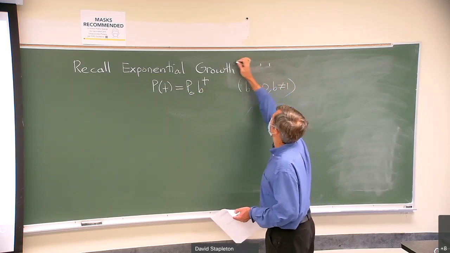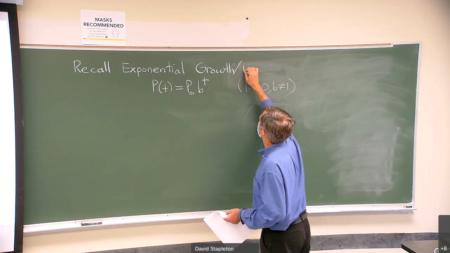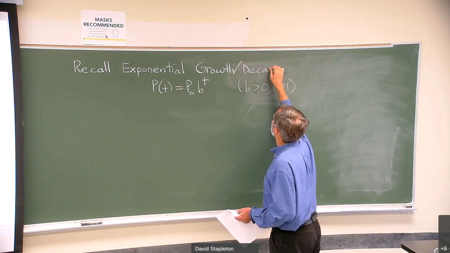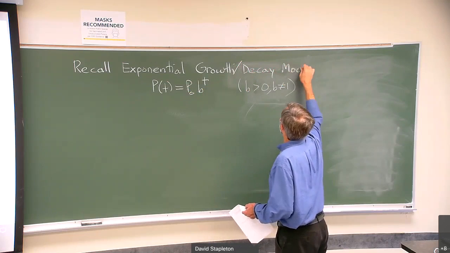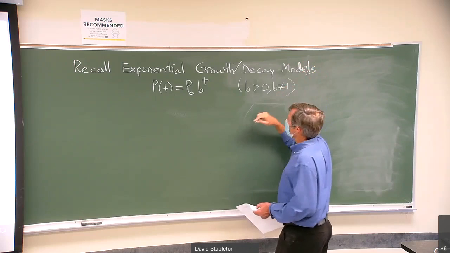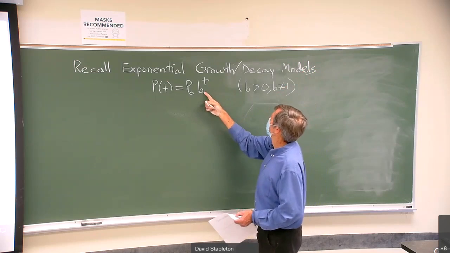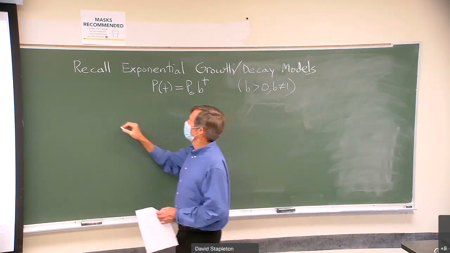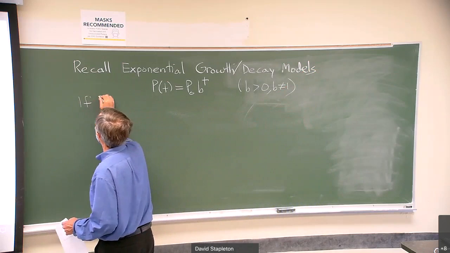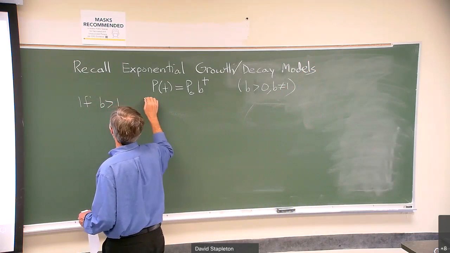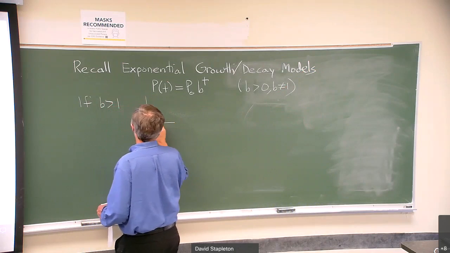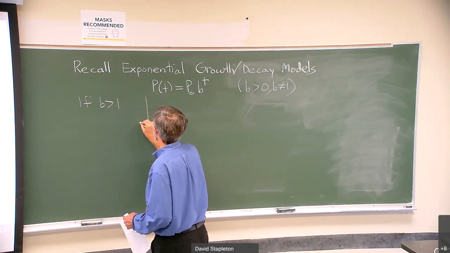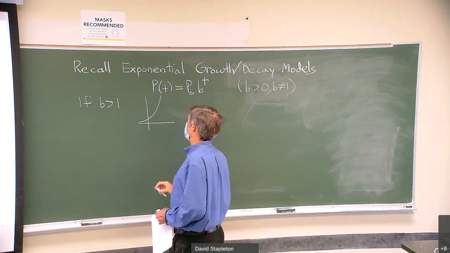And actually, maybe I should put this up here. It's exponential growth and decay. If B is greater than 1, maybe you recall this, we get like the emperor problem that I showed you. You get this kind of an equation here.